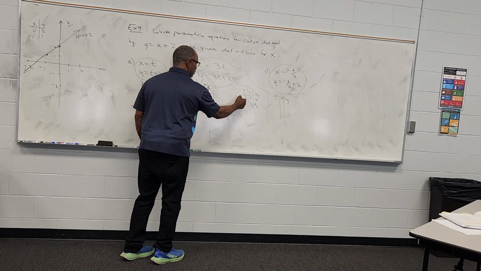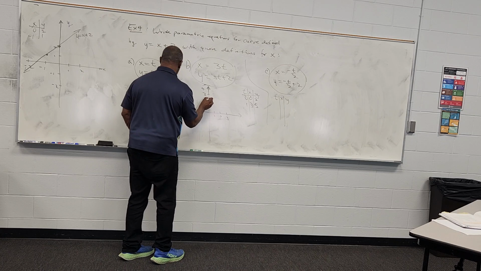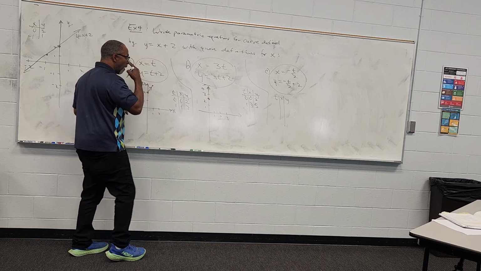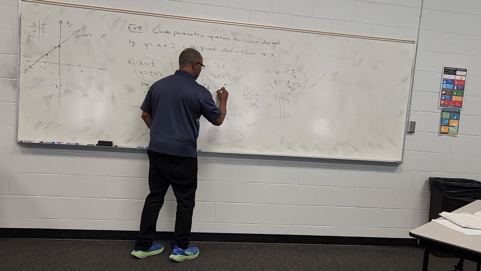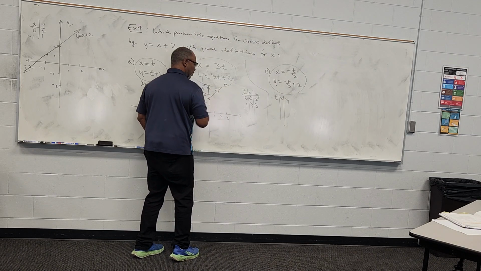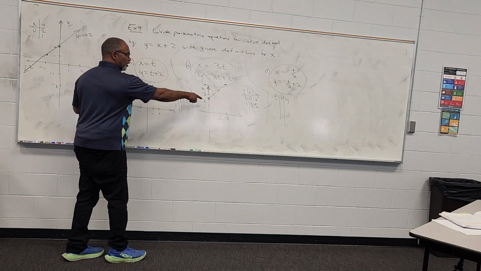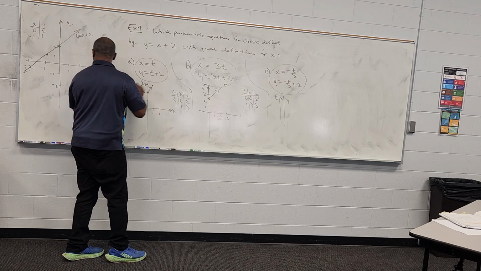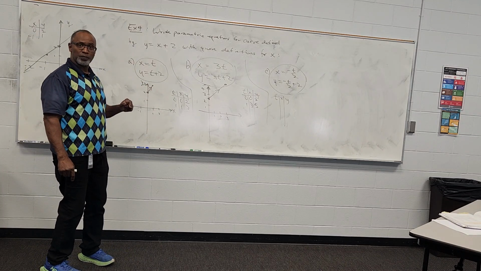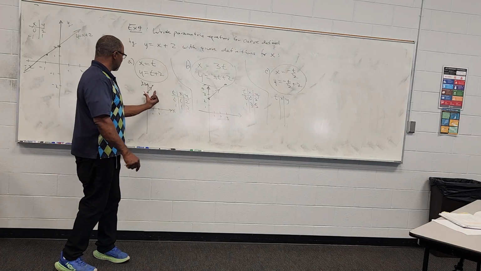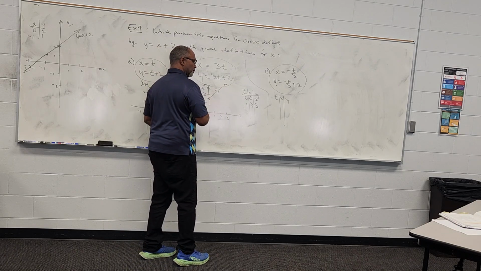So as t goes from 0 to 1, this parameterization starts off at 0, 2, the same place it did here, but it goes to 3, 5. And again, it's going in that direction. So with this parameterization, you're moving along this line way faster than with that one. As t goes from 0 to 1, that one only moves that far, while this thing moves all the way from there to there.